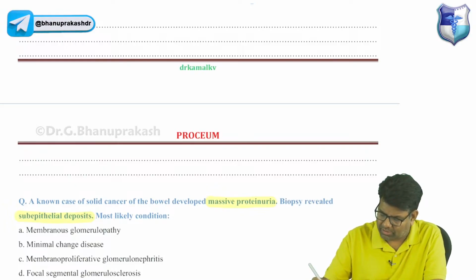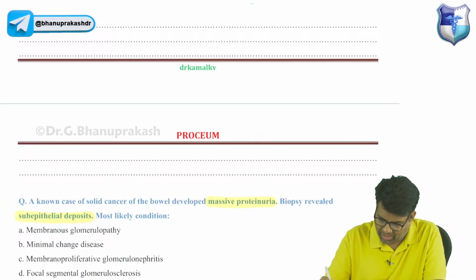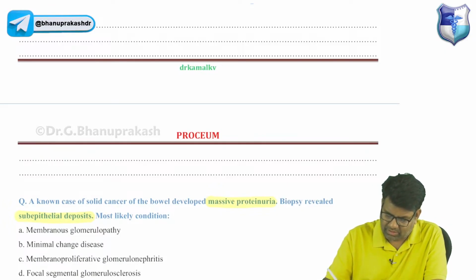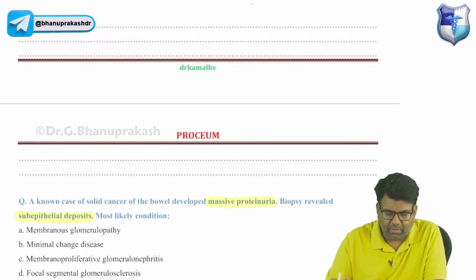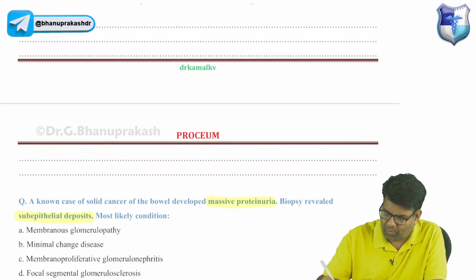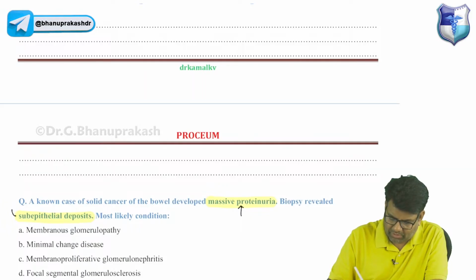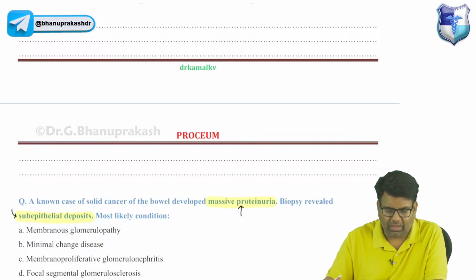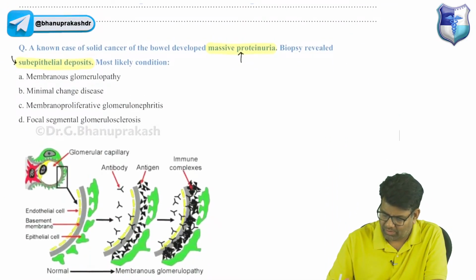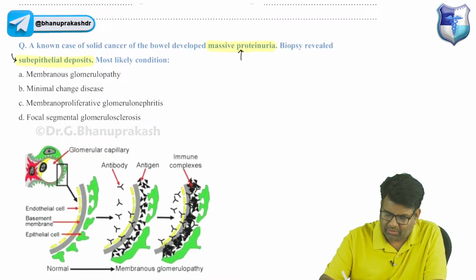There is massive proteinuria and subepithelial deposits, and this is a feature of... If you just focus on massive proteinuria, you might be wrong. You have to take this fact into consideration also. So the better answer will be membranous glomerulonephritis.